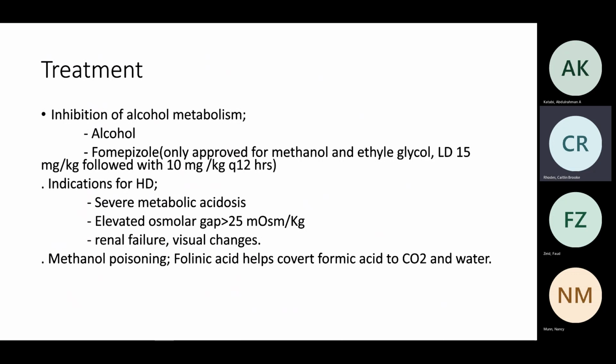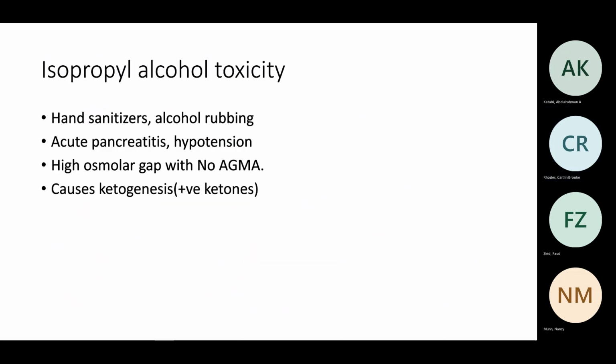Indications for hemodialysis are very severe metabolic acidosis, osmolar gap more than 25, acute renal failure, or visual changes. In methanol poisoning, folic acid can help convert formic acid to CO2 and water, so you can add that, or add pyridoxine and thiamine if the patient had ethylene glycol poisoning.